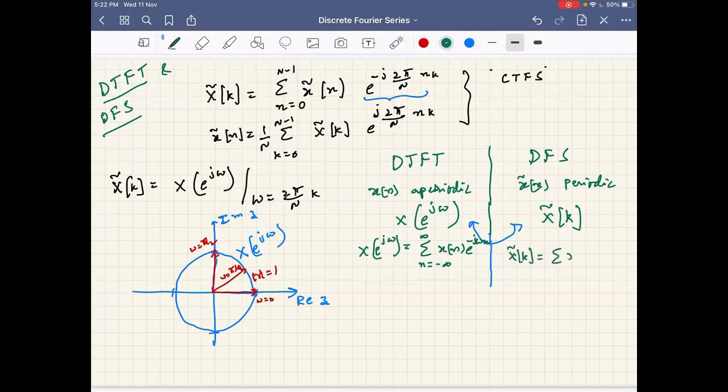It also takes the projections of the discrete signal over only one period on a set of complex exponential basis, which are at distinct values, 0 to N minus 1, on the ω axis, on the unit circle otherwise.